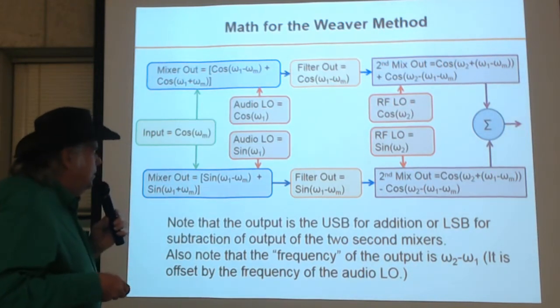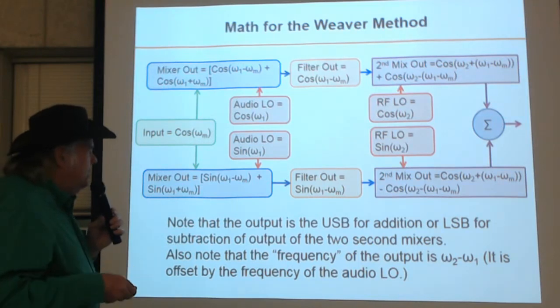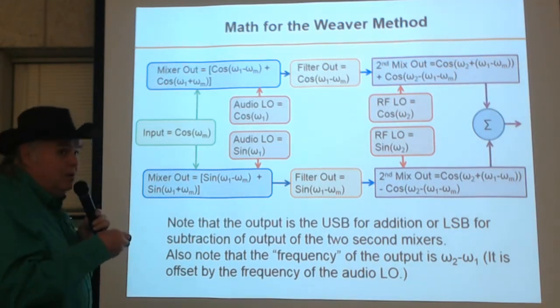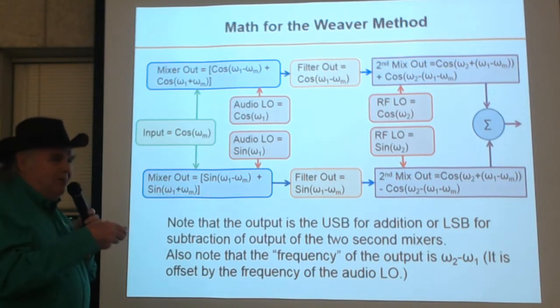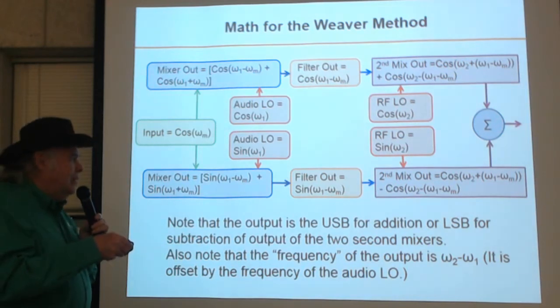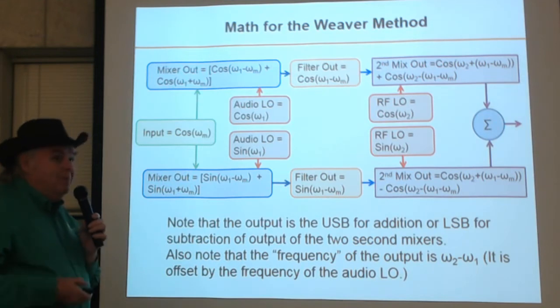So note that the output frequency of my math here is omega 2 minus omega 1. That is basically, I'm offset by the frequency of this audio LO, which is at 1.6 kilohertz. So I have to compensate my frequency readout by 1.6 kilohertz. So that's the Weaver method.